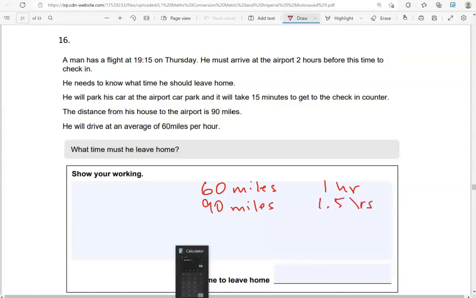Because it's half of the number of miles extra. So half of 60 is 30. So we're adding that on top to make 90. That's why 1.5 hours. You can always do 90 divided by 60 and it will give you 1.5 anyway.